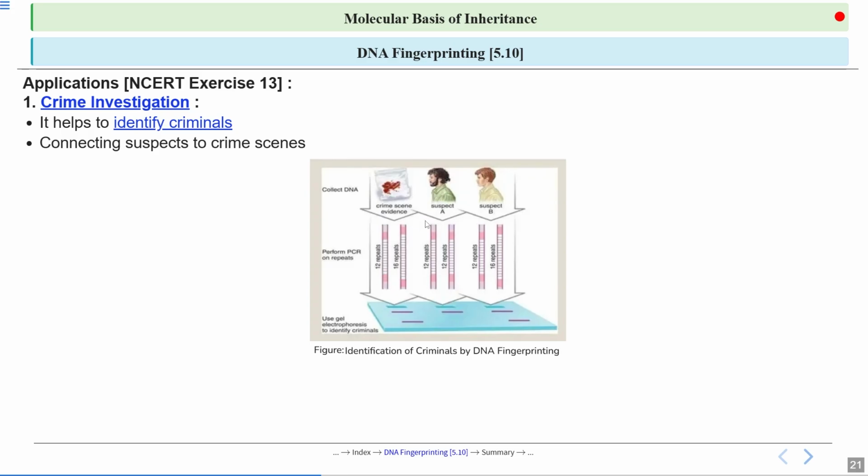Suspect A had 12 repeats on the first chromosome and 12 repeats on the second, whereas suspect B had 12 repeats and then 16 repeats. When they did the gel electrophoresis, you can see the crime scene DNA evidence is matching with suspect B. You can see the bands clearly, and it is better to understand.